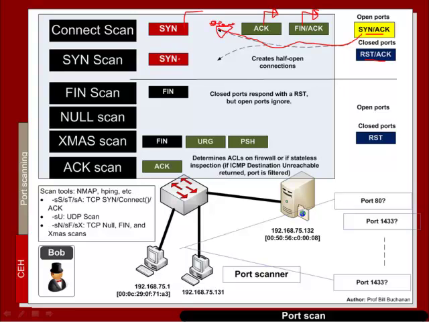Another method that can be used by Nmap and other tools is a SYN scan. With this, a SYN is sent in and the scanner detects again whether it's a SYN-ACK or a reset ACK.